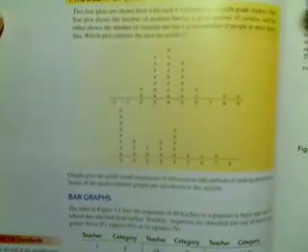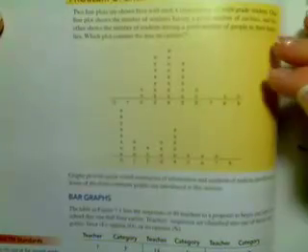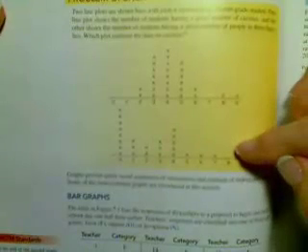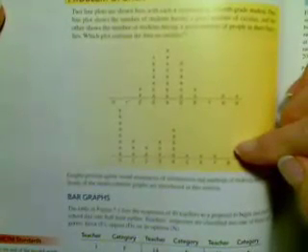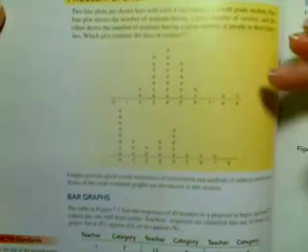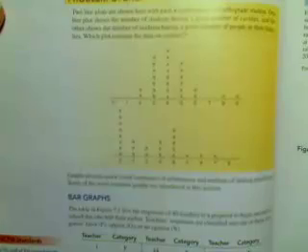One of these represents the number of cavities that students have in a particular class, and the other represents the number of families, or number of people in a family. And so by looking at the two, we can choose which one describes that information.